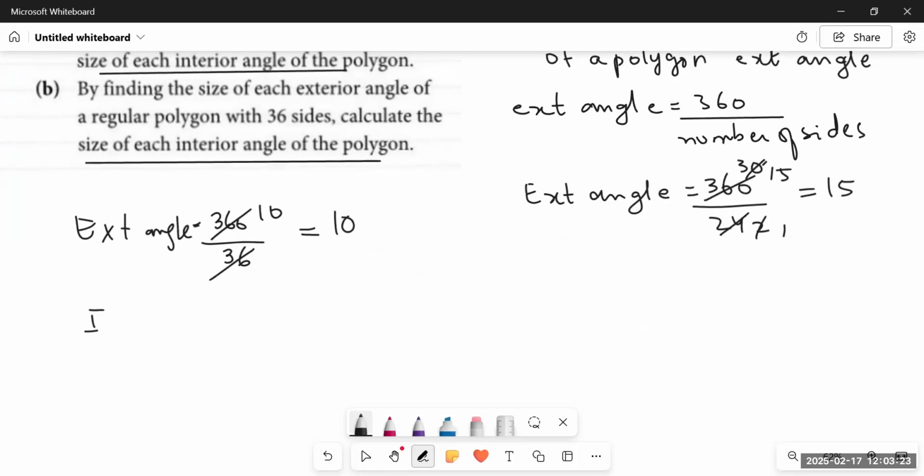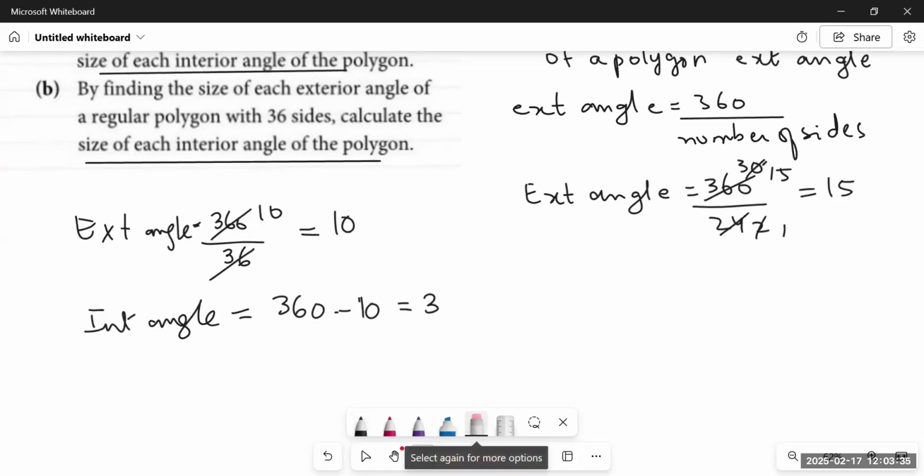So interior angle would be 360 minus 10 is equal to 350. Sorry. It's not 360 anymore, it's 180. 180 minus 10 is equal to 170.